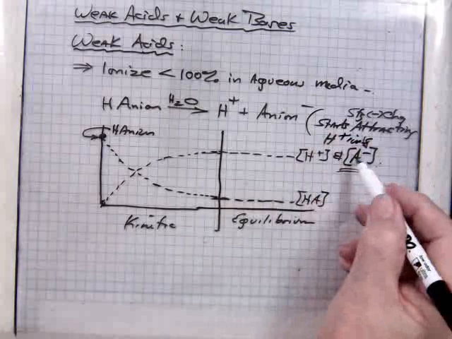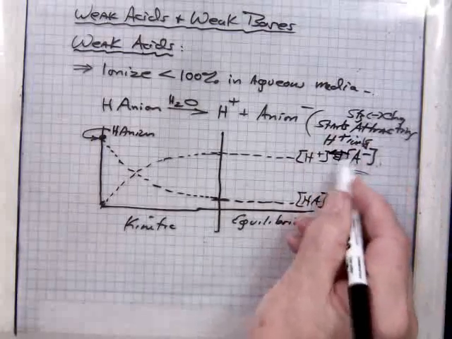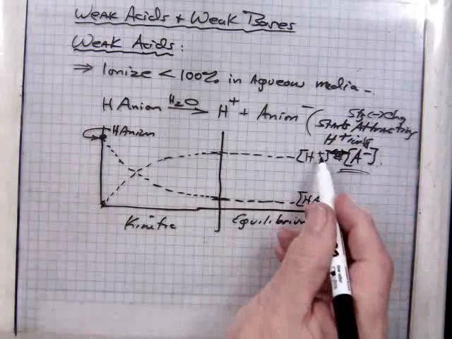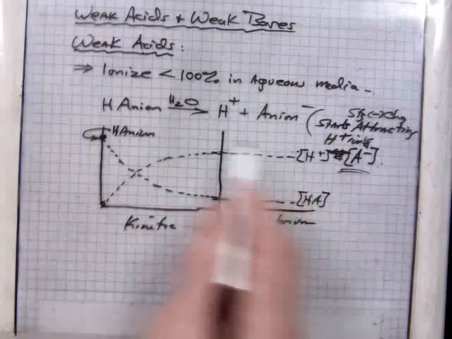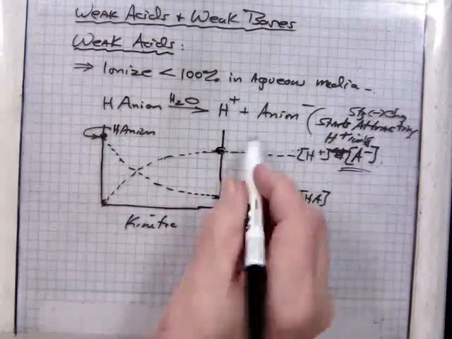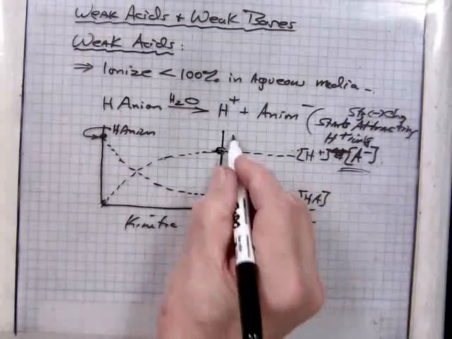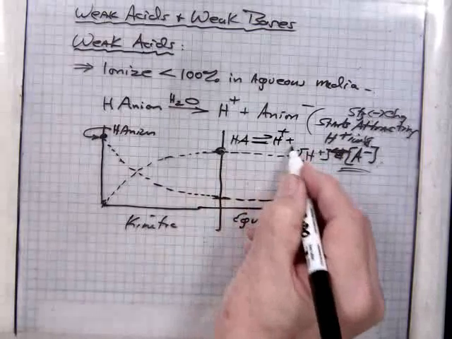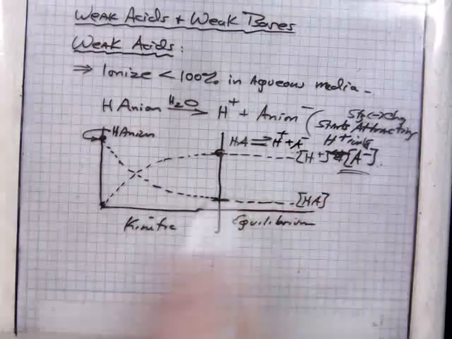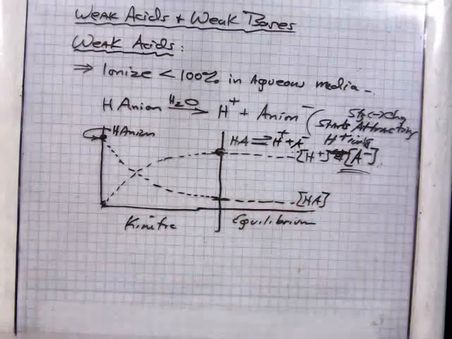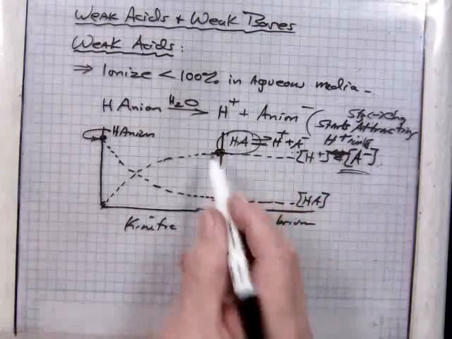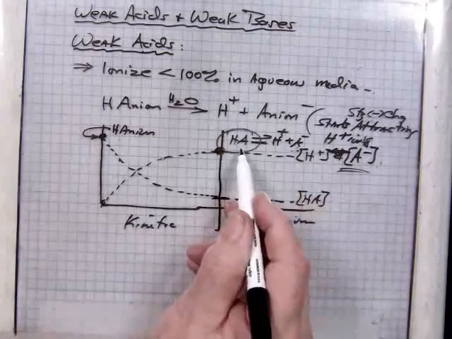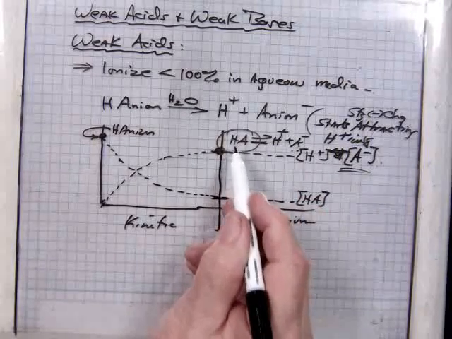Starts pulling back on these hydrogens. And so when that happens, at this point when it enters equilibrium, you have an equilibrium between HA and H plus A minus. And that's why it's a weak acid, because at this point, you will have not just ions, but also molecules of the weak acid.